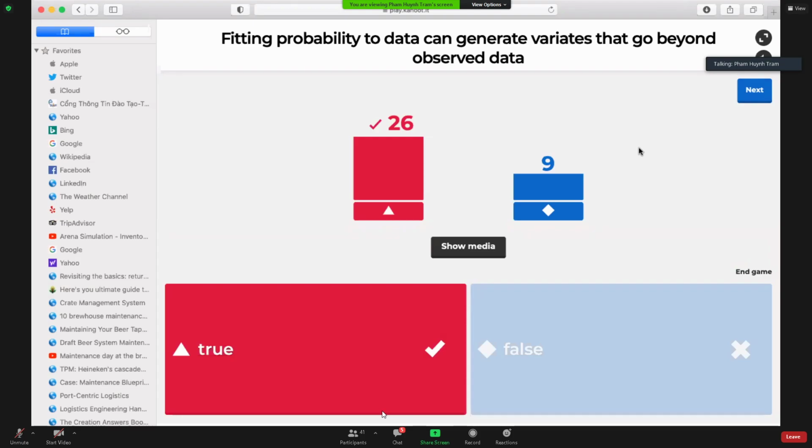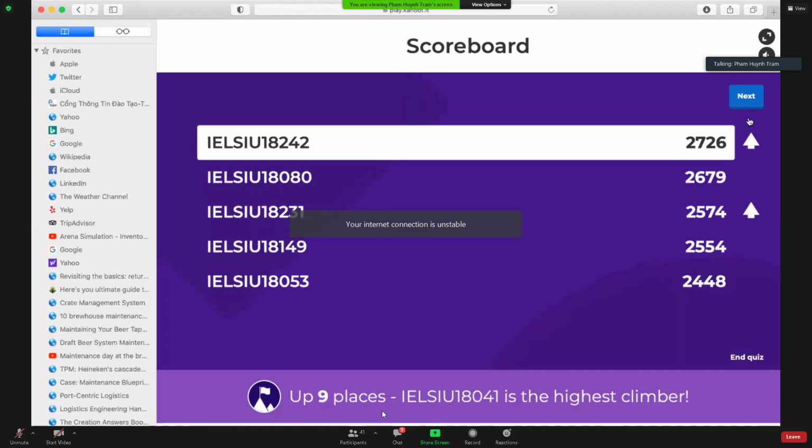When we fit the probability to data, software like Arena will generate the random variables according to that probability distribution, and the number generated is unlimited. But if we use data directly, we use only the data that we input into the software. So this statement is also right. The way Kahoot gives the score to the player is also based on the time to answer. So those who answer faster and correctly will get a higher score than the one who has the correct answer but slower.